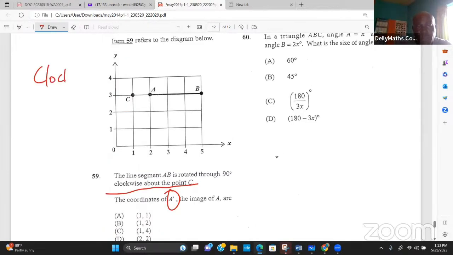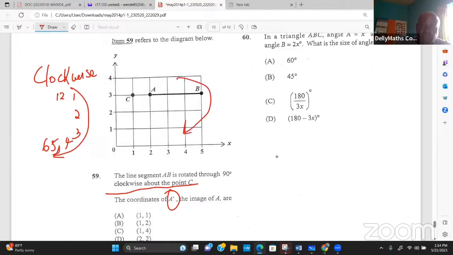Clockwise, hand of a clock. This is how a clock counts: 12, 1, 2, 3, 4, 5, 6. It's going like this, so this is going to come this way.